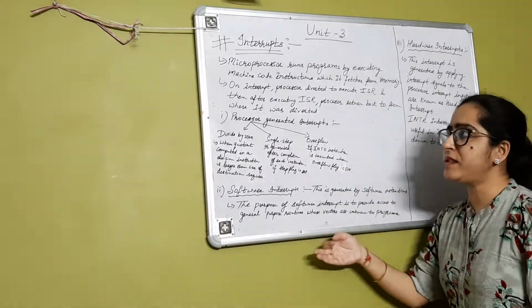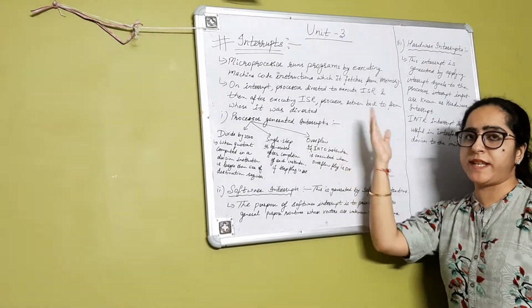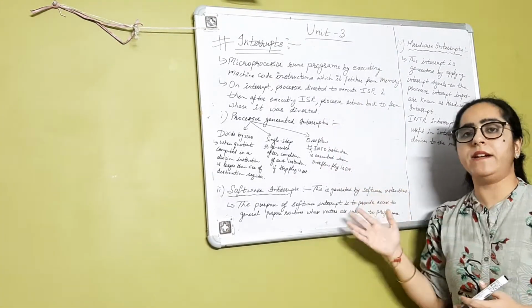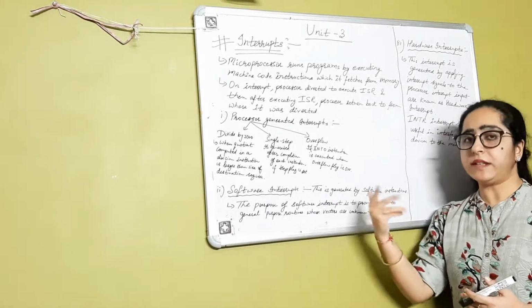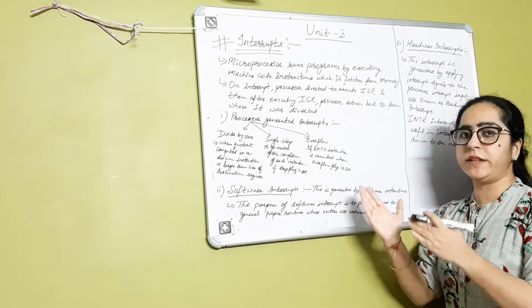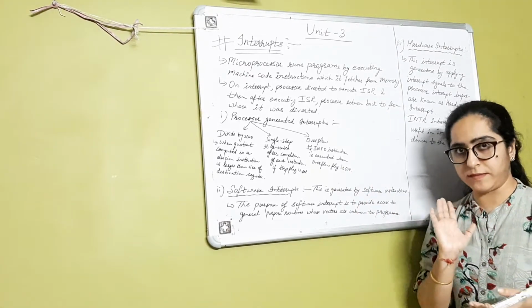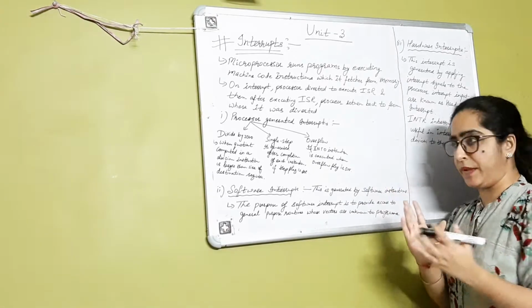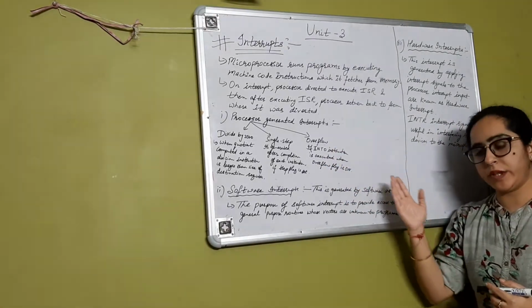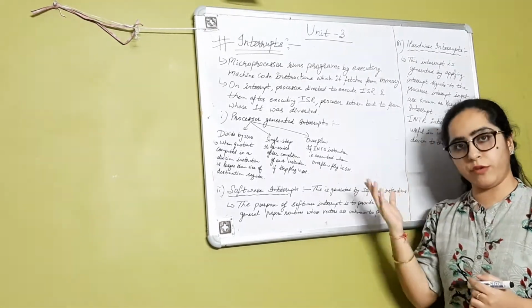So on interrupt, the processor which was executing its main program gets diverted to the interrupt service routine, executes the set of instructions there, and after that returns back to its main program in the memory. Okay. Now what are the things you should know about it?